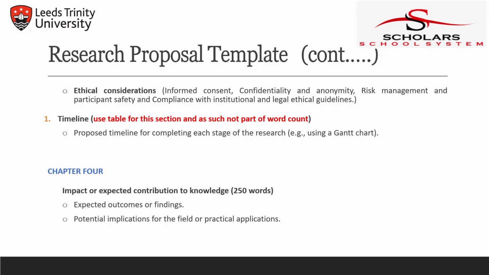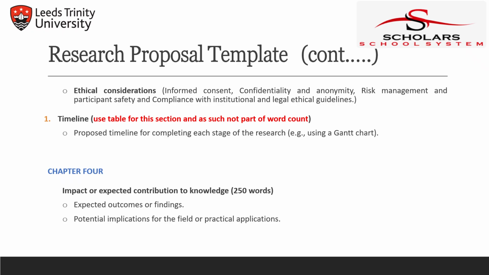In your research proposal writing, students also need to consider the ethical considerations, and these include informed consent, confidentiality of the data, that means the GDPR, the General Data Protection Regulation, and anonymity, that means the participants shouldn't be identified by their exact name, and what type of risk management can be considered.